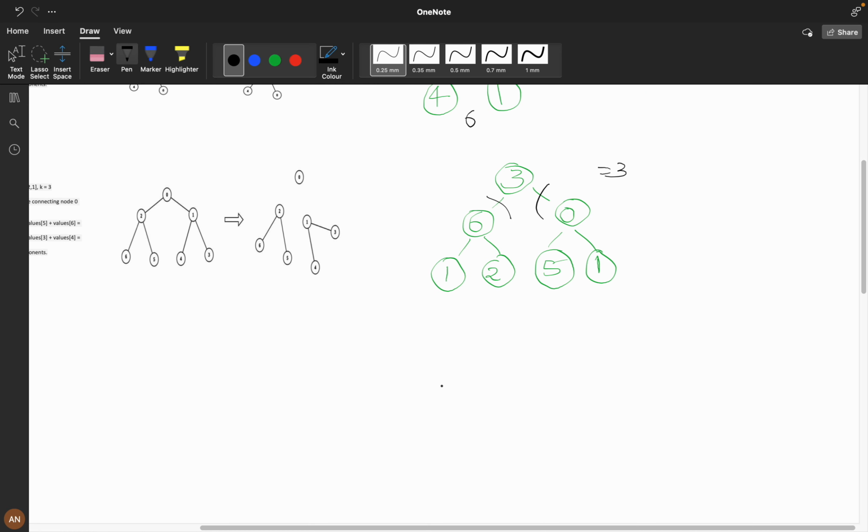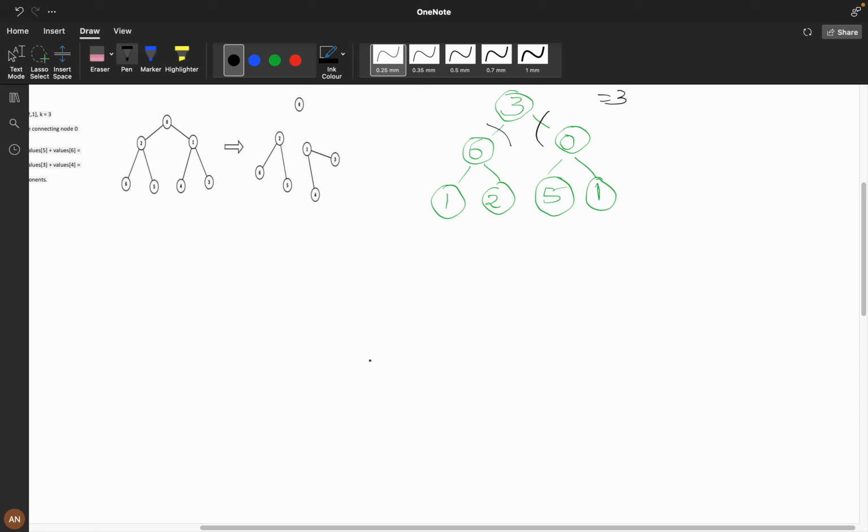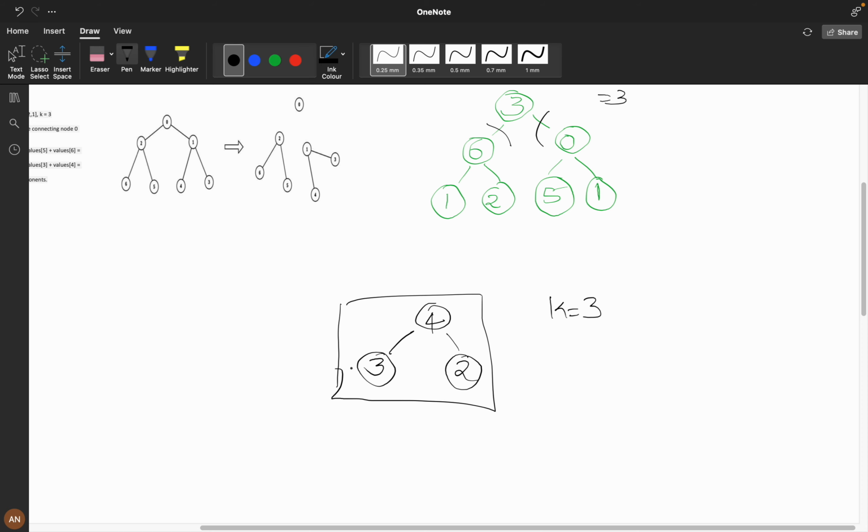Now if you see, suppose I have it just like this, 3, and here I have 4, and here I have 2. Now I am taking k as 3. So suppose you can include the complete component. This is divisible by 3, we will get the sum 9. Or else we can break down here, so that 3 can become an independent part.